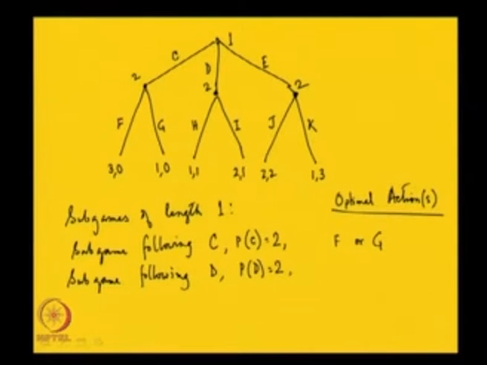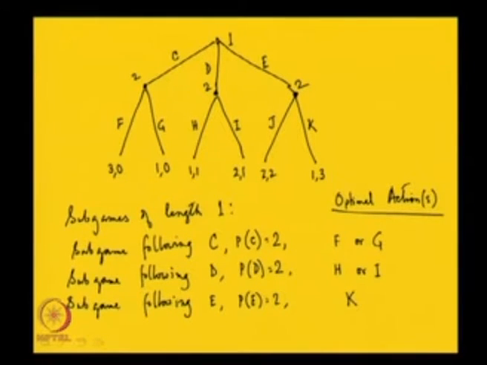Again I have two optimal actions, H or I, and lastly, here however there is a unique optimal action, which is K.